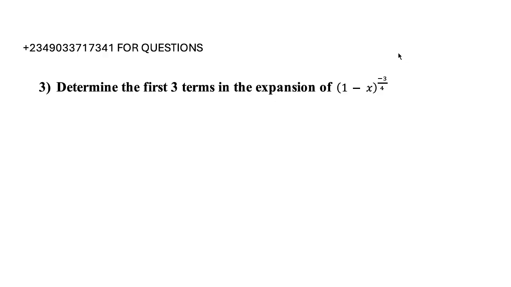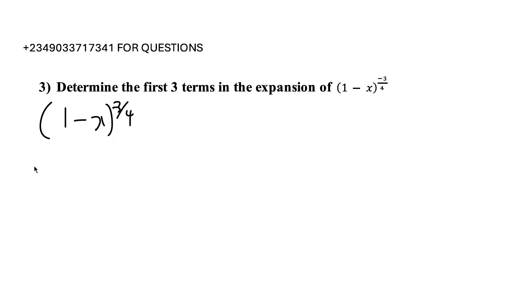so this question is a combination of negative and fraction, right? Same principle, nothing different. Following the steps, what are we going to have? Remember, this is 1 over x to the power negative 3 over 4. Sorry.